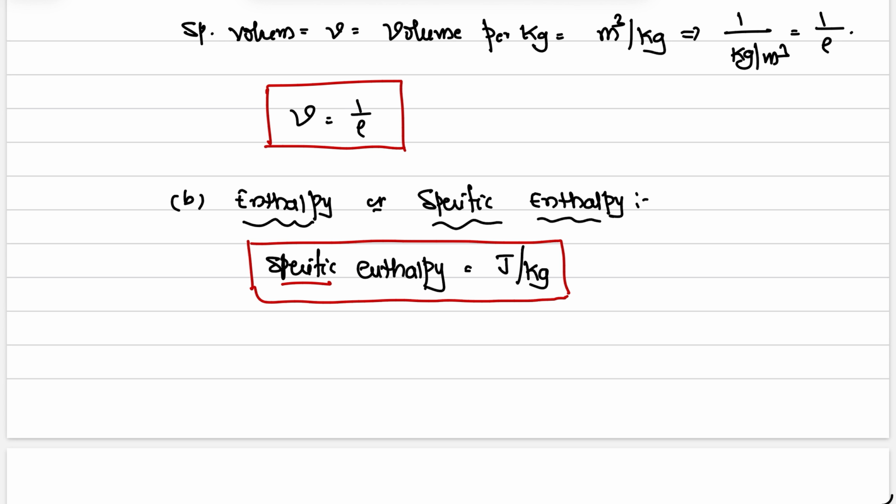Entropy is also a measure of heat energy only, that is measured in joules per kg.